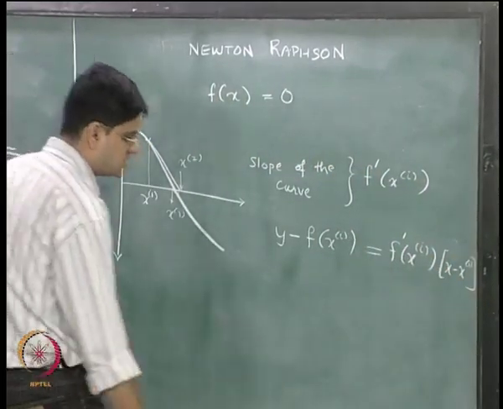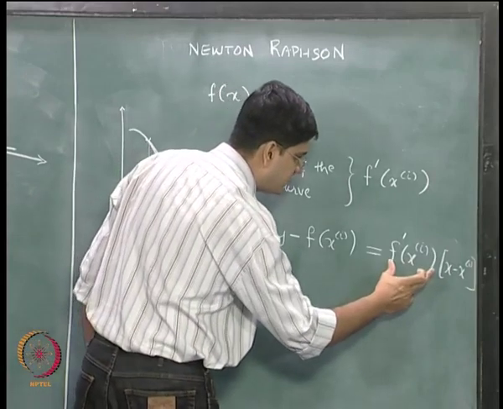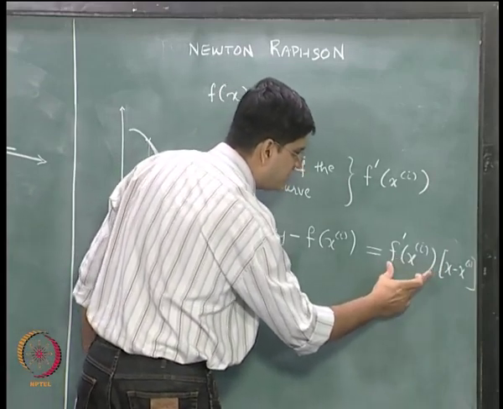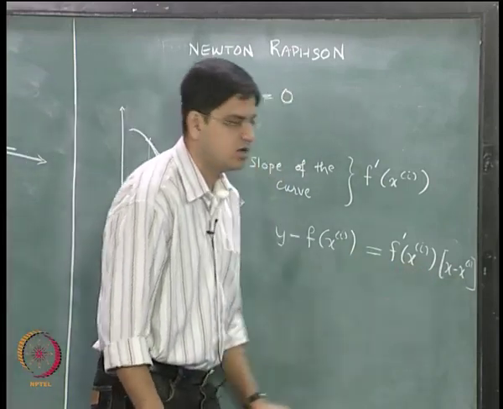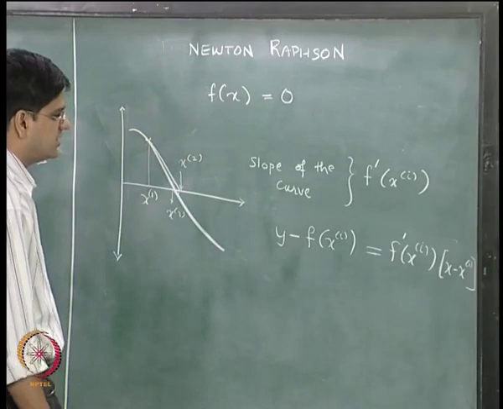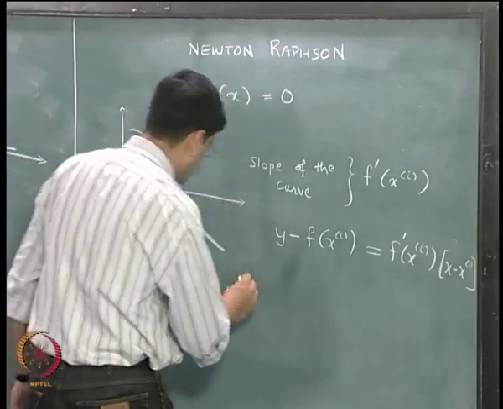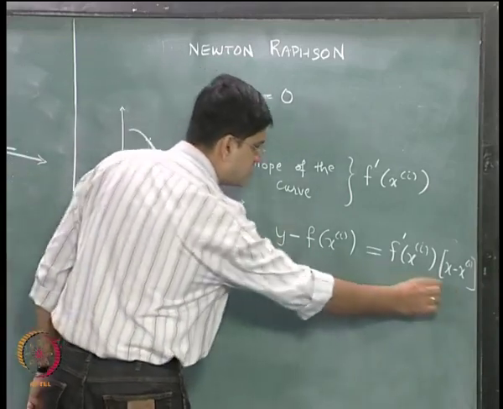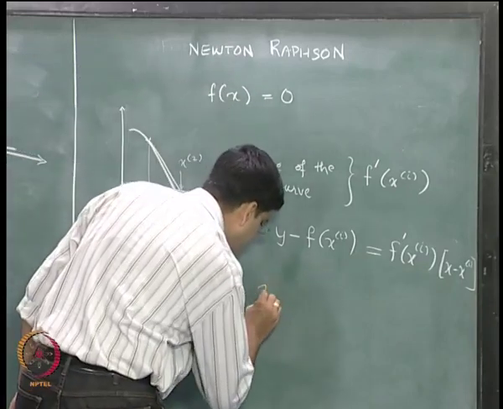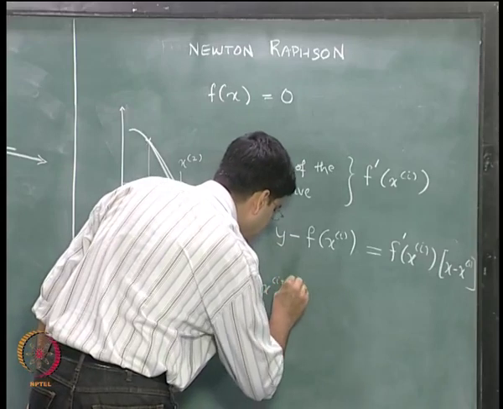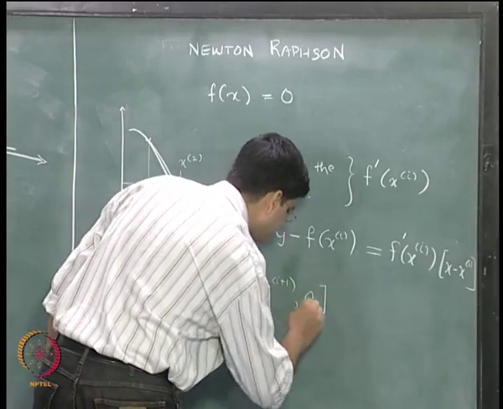This is a line with slope f dash of xi that passes through the point xi comma f of xi. The point at which this line intersects the x axis is x i plus 1 comma 0.